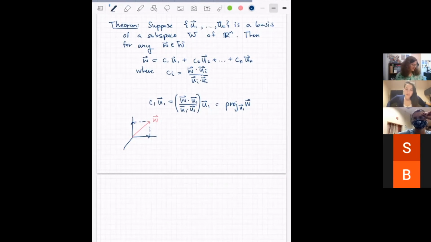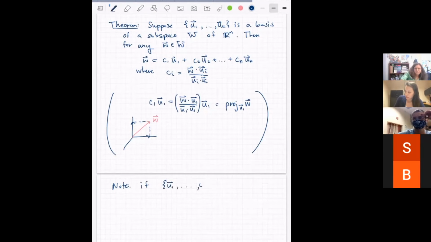Okay, so we have this formula, and notice that, maybe I'll put this in parentheses, if furthermore this basis is orthonormal, then what do you get?